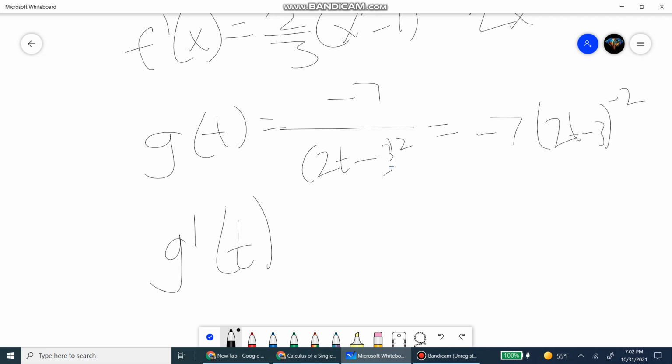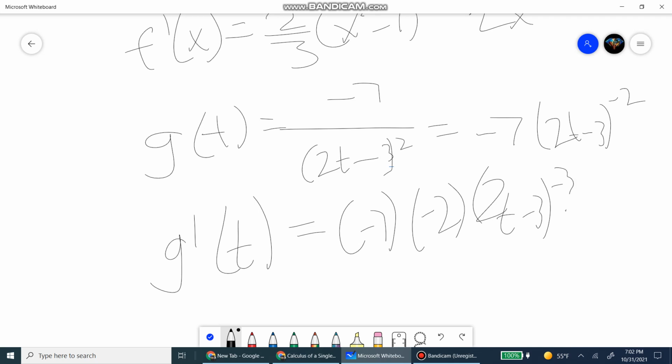And for the derivative of this, you just multiply the negative 2 out. So you have, well, positive 14. Or I'll just write it like this. You have negative 7, you pull the negative 2 down, and then your 2t minus 3 power goes down by 1. So instead of negative 2, it becomes negative 3. Then multiplied by the inner derivative, which is just 2. So that's that example.